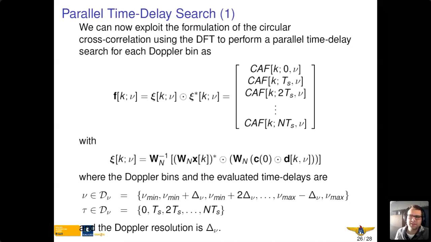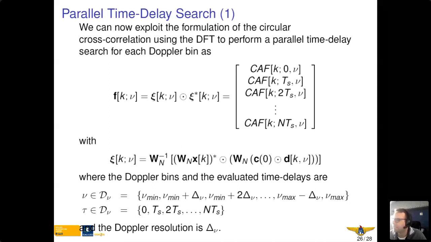But you see, this is a demanding process because we have to evaluate the vector F for all of these Doppler bins, and we have to do 2 DFTs and 1 IDFT.